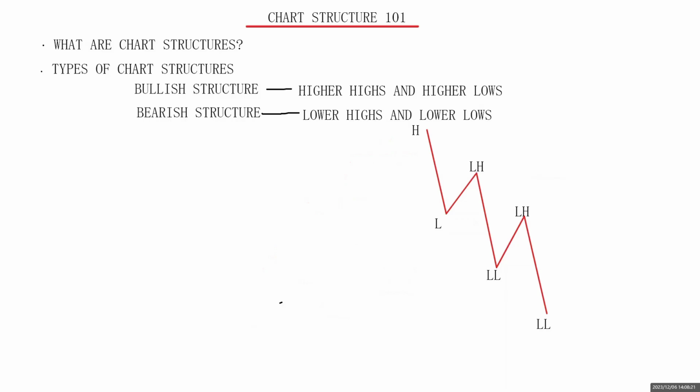Clearly this is a lower low because it is lower than the previous, and this is also a lower low because it is lower than the previous. This is a lower high because it is lower than the previous high, and this is also a lower high because it is lower than the previous high. So price is clearly making consecutive lower highs and lower lows, letting us know that if we are selling, we're in the direction of the trend, and any buy is a retracement.